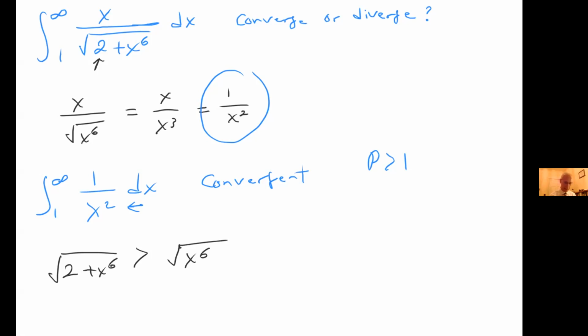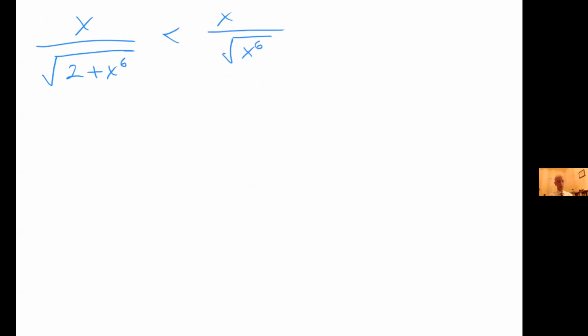Okay, so now what does that tell me? That tells me that x over square root of 2 plus x to the power of 6 is smaller than x over square root of x to the power of 6. And this right here actually is equal to 1 over x to the second. We just showed it on the other page.